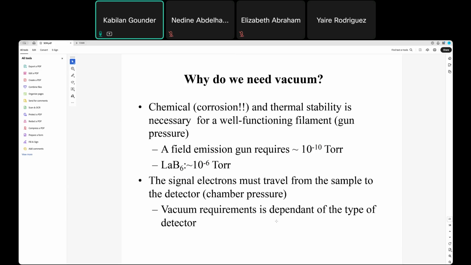One reason is corrosion if it's not a vacuum. It also gives you the thermal stability for a well-functioning filament. Also, the signal electrons must travel from the sample to the detector. Vacuum requirements depend on the type of detector.